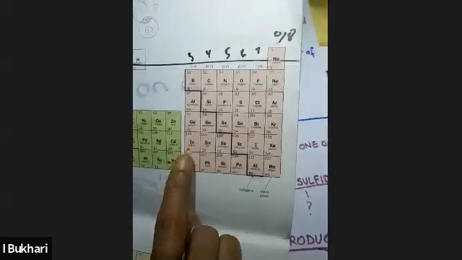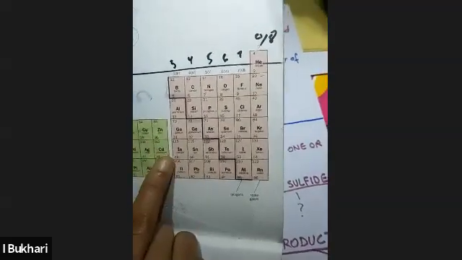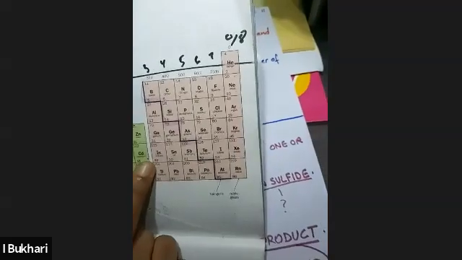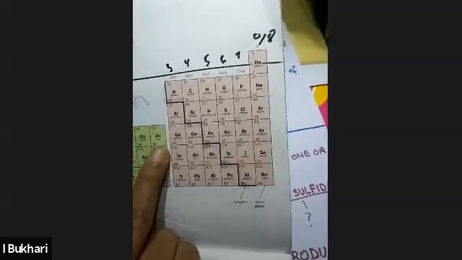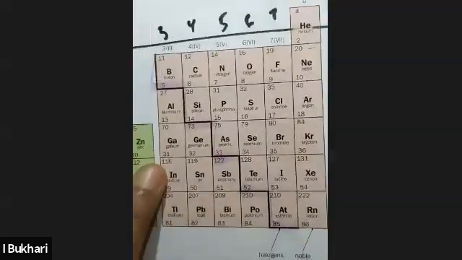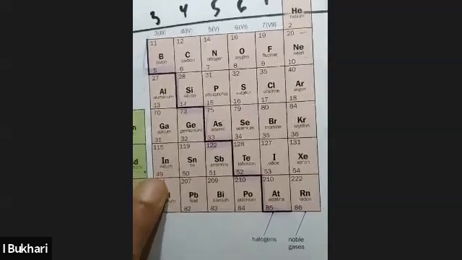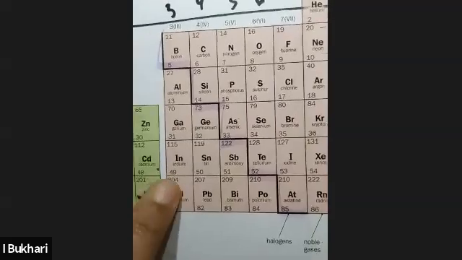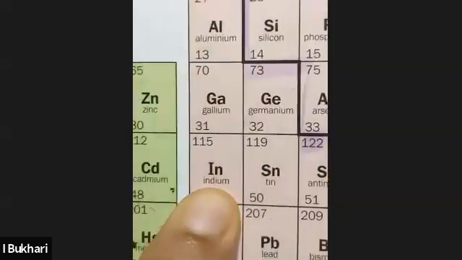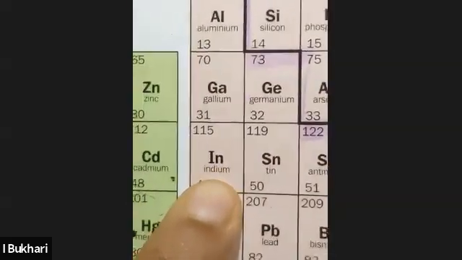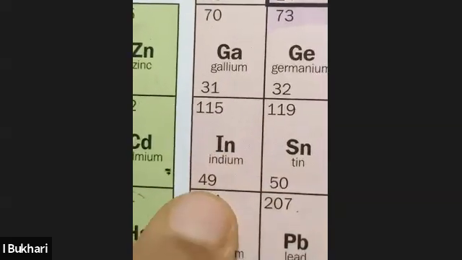Now you can see in each box there are 2 numbers given. One is smaller and the other is bigger. So remember, the bigger number is the mass number, and the smaller number is the atomic number, which is the number of protons, right? The name is written as well as the symbol, right?